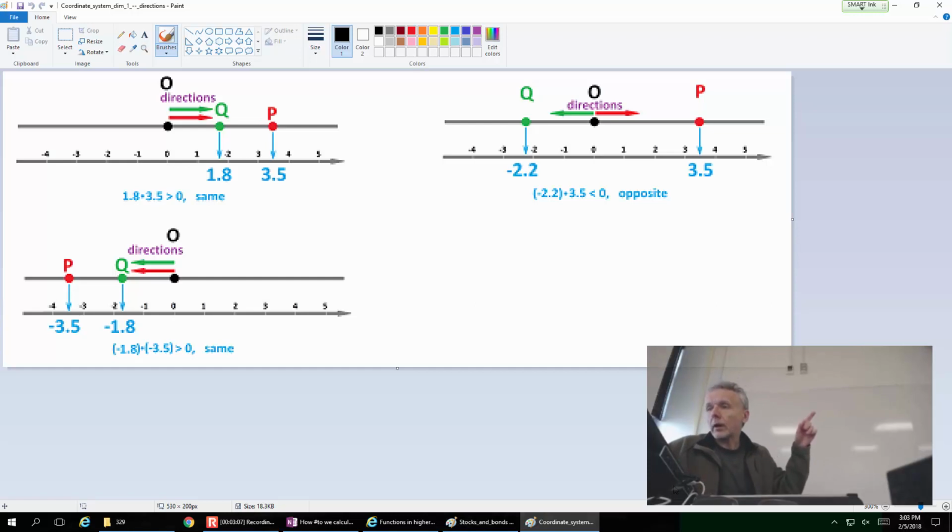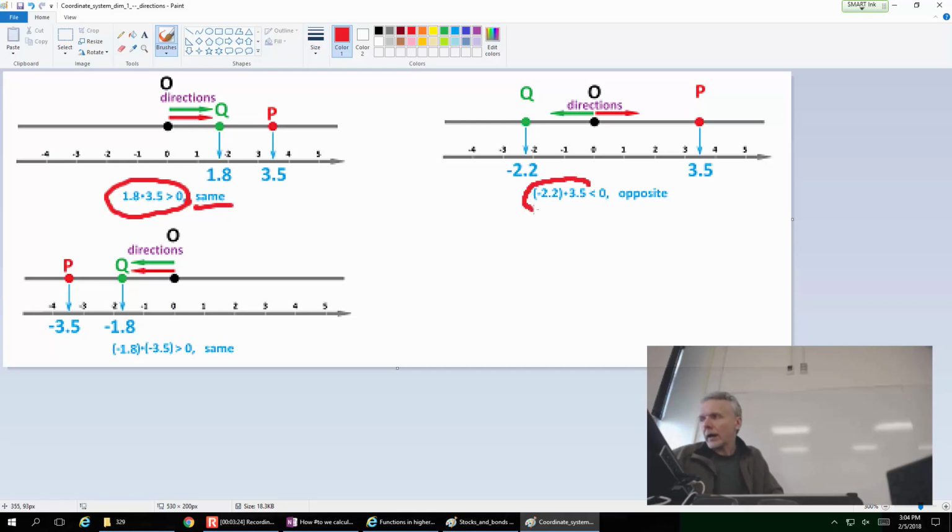So as you can see over there, the components at the top left are 1.8 and 3.5. What I do is I multiply them and look at the sign. In this particular case, the sign is positive, so the direction is the same. That's the conclusion. Over here, the product of those two is negative, so they're opposite. So opposite coordinates, and they're from the origin, pointing in the opposite direction. So remember, once again, all the vectors start at the origin.